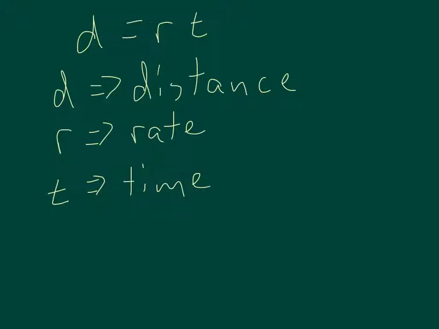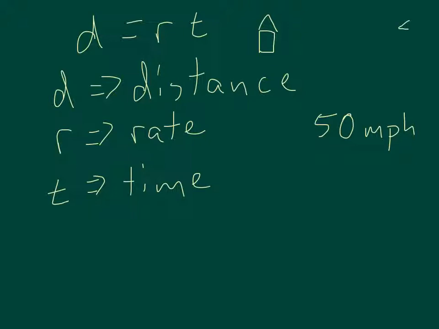So let's look at a situation. Let's say we have a bird, and it's trained to fly back to its home. This bird can travel at 50 miles per hour. We want to know how long it is going to take to get home if it's released 300 miles away from home. So here's its home, and the bird is over here.